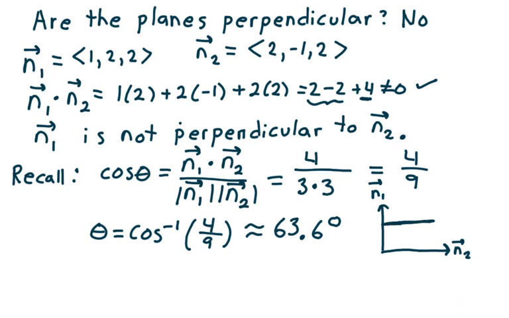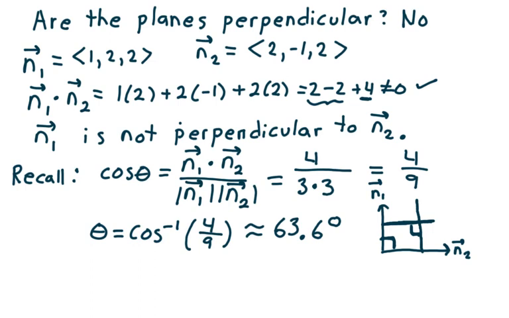Imagine this plane in 2 dimensions. n2 is perpendicular to plane 2. If n1 is perpendicular to n2, that's going to force these planes to be perpendicular to each other. So in other words, they would intersect at 90 degrees. If n1 is not perpendicular to n2, there's no way those planes can be perpendicular to each other. So I hope that makes sense.